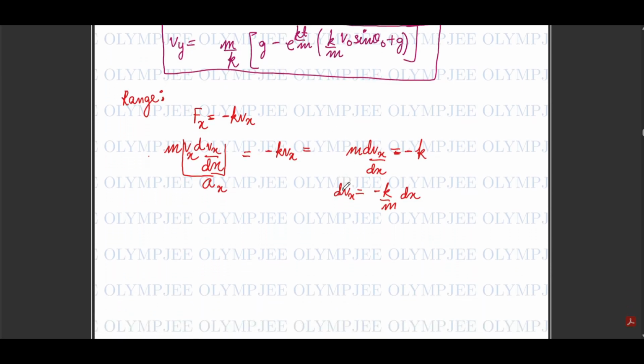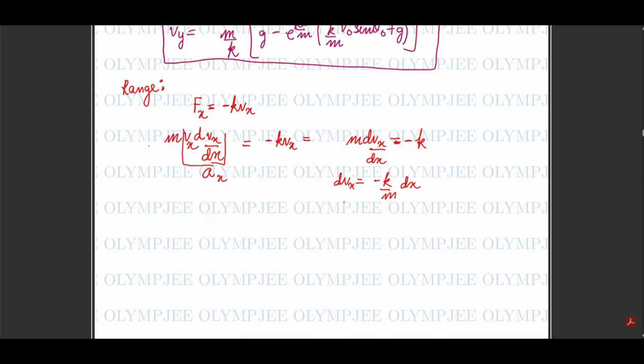Now we can integrate this. We know that when the x coordinate is 0, we have taken initial velocity as v naught cos theta naught, and I'm assuming that they mean that the range is when the x component of velocity will become 0.